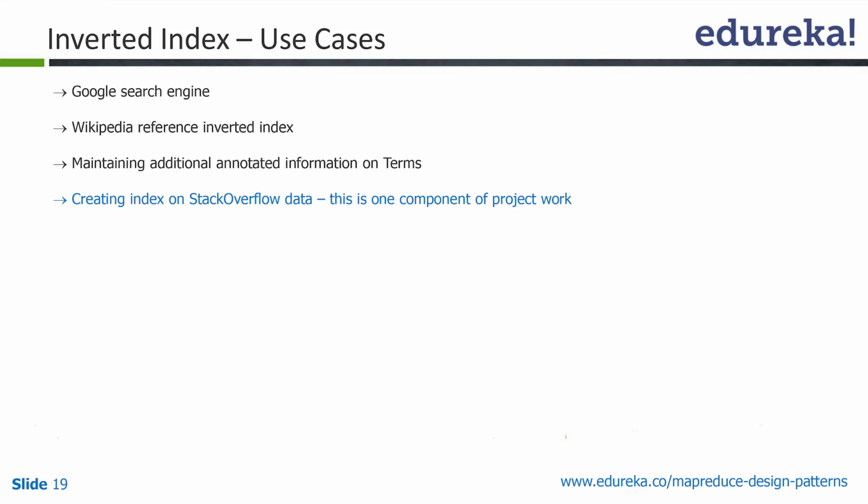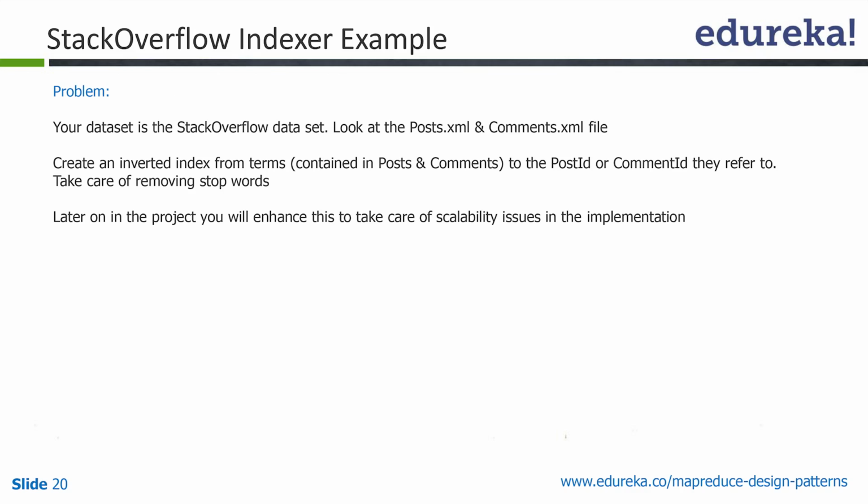Okay, so we'll do a short demo of the Stack Overflow indexer example. Here we are looking at the data available in the posts.xml and the comments.xml. These are very, very huge files, so the data which I'll use is going to be a subset of these.